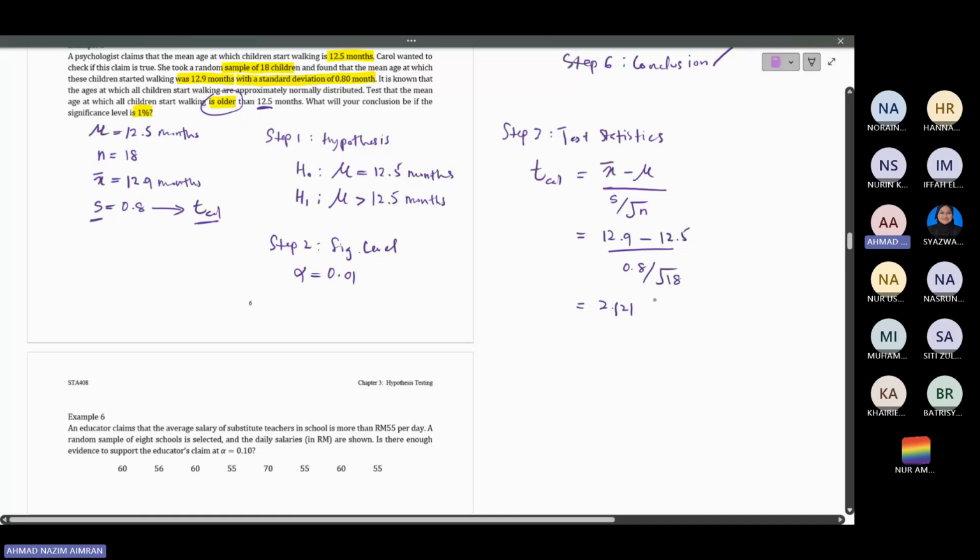Now let's look at the value here. We get a positive value. Why? Because we are testing the right tail.